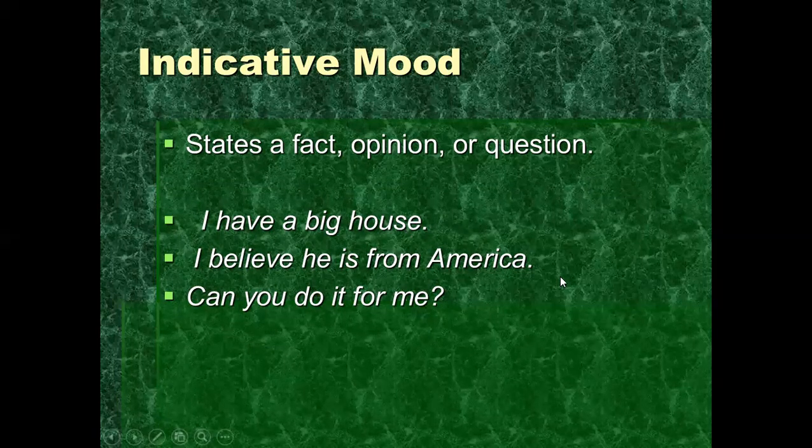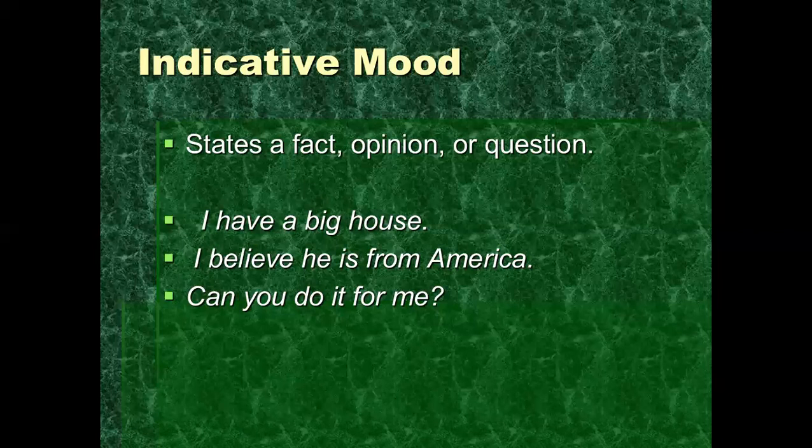Whereas in the second sentence, I believe he is from America, the subject I is expressing his opinion about someone. In the third sentence, we can see that a question is being asked. Now, this means whenever we are presenting facts, sharing opinions, or asking questions, we are making use of indicative mood.